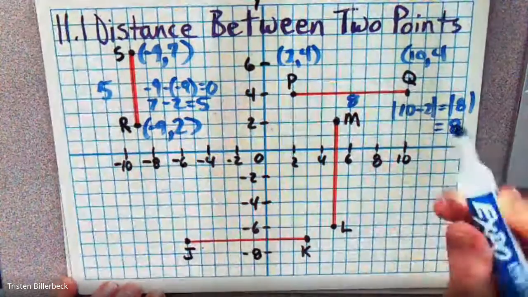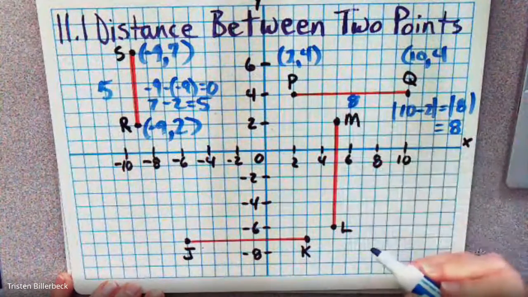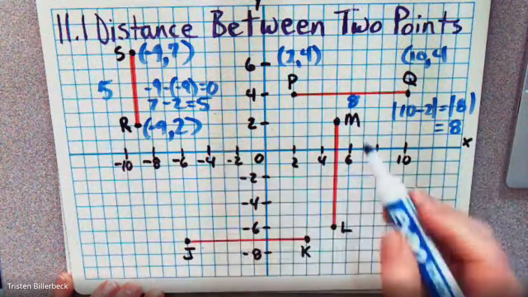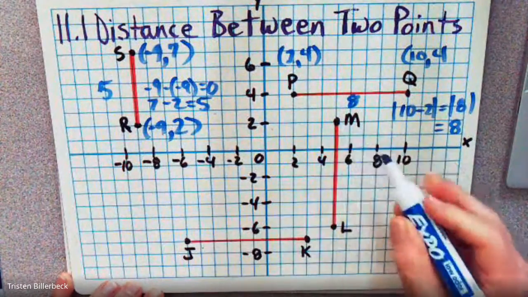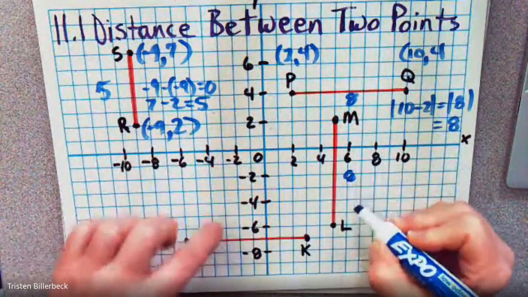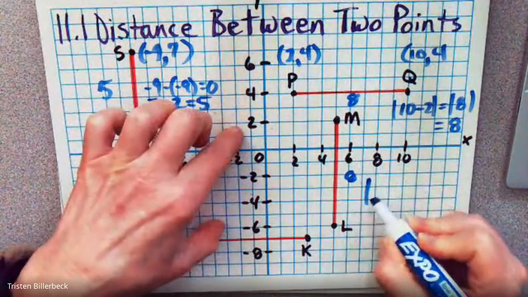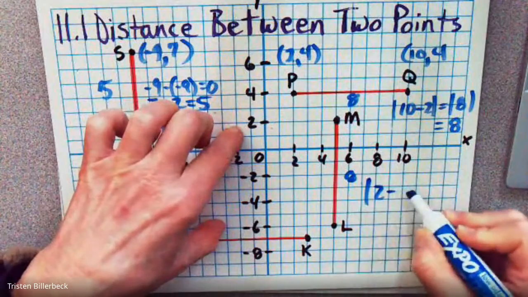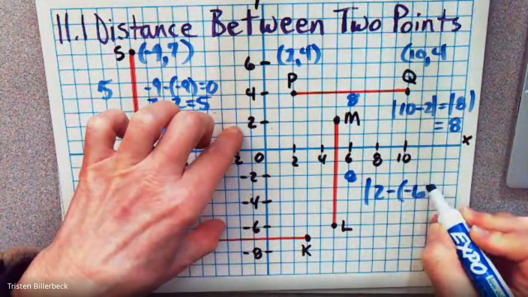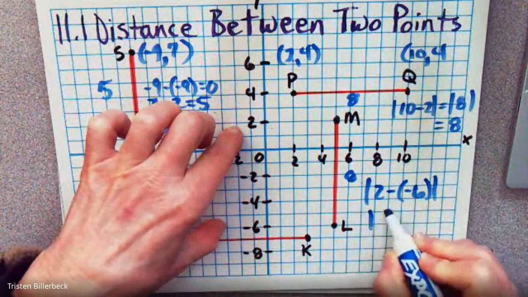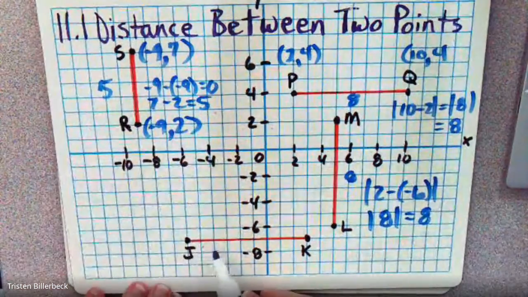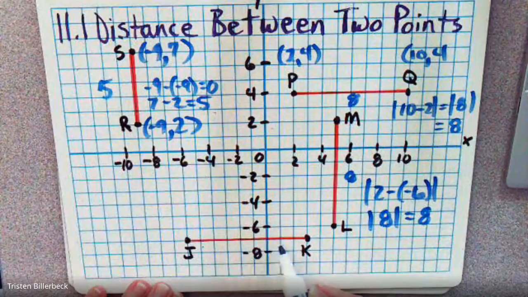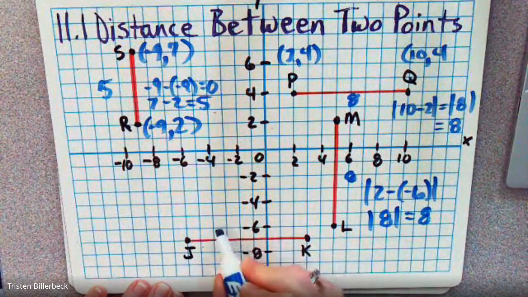Okay, so when we look at distance, it's easy when they're horizontal, vertical lines, 1, 2, 3, 4, 5, 6, 7, 8. And that's the difference between 2 minus a -6, which is the absolute value of 8, which is 8. And then this is 1, 2, 3, 4, 5, 6, 7, 8, 9.